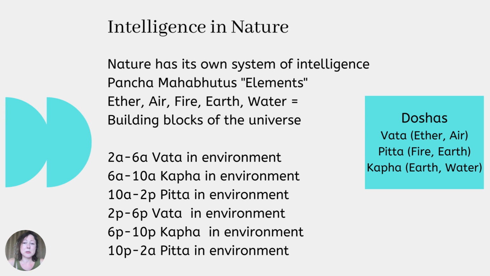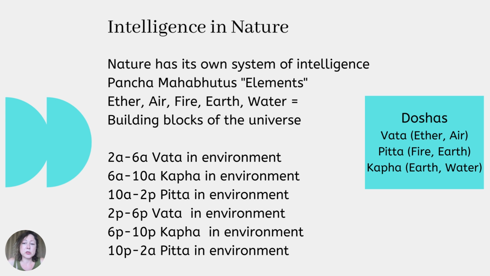Nature has its own system of intelligence. Pancha Mahabhutas means elements in Sanskrit, which are ether, air, fire, earth, and water. We're familiar with those, and those are the building blocks of our universe. Now, an introduction to doshas, on the right there, we see Vata, Pitta, and Kapha.